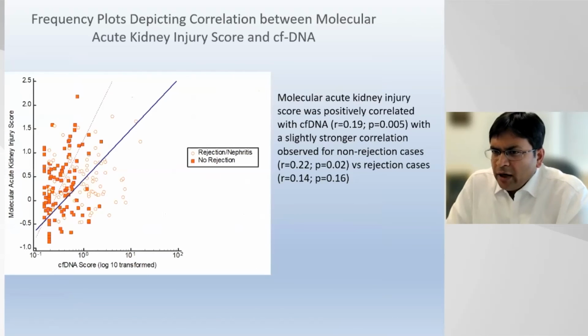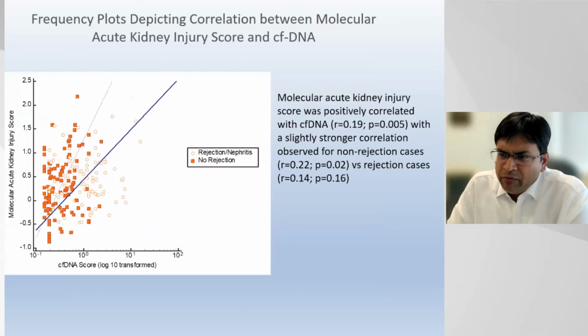Another interesting analysis from our cohort is with regards to molecular acute kidney injury. What you see here is that for all biopsies, be it with or without rejection, the acute kidney injury score from molecular analyses aligns and is strongly correlated with cell-free DNA.